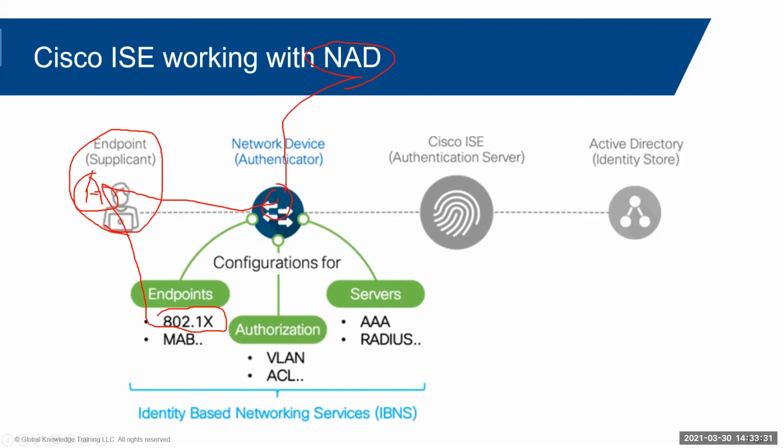So this NAD is a Cisco device that would need configurations enabling both 802.1x and RADIUS. So it has to be configured with both of these. Both of the configurations have to be there. And the end result is then AnyConnect will work directly with it. Cisco AnyConnect has full support of 802.1x built in.